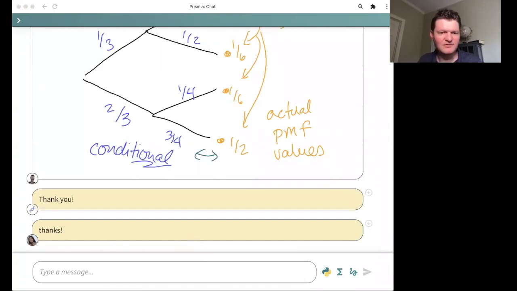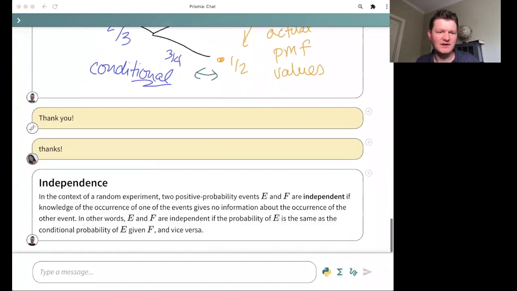All right, so let's move forward into discussion of independence. The next step from conditional probability is going to be to talk about independence. In the context of a random experiment, we say that two events, E and F, are independent if knowledge of the occurrence of one of the events doesn't give any information about the occurrence of the other event.